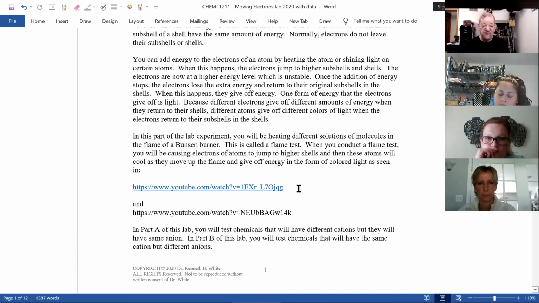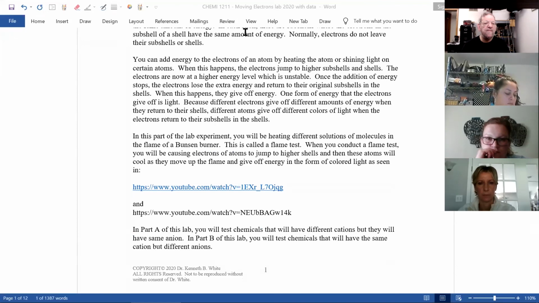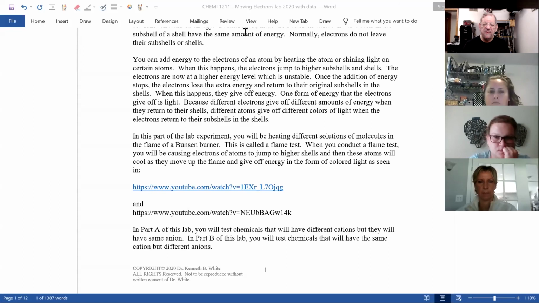We're going to do a flame test on a number of selected compounds, primarily group 1 and 2 ions.